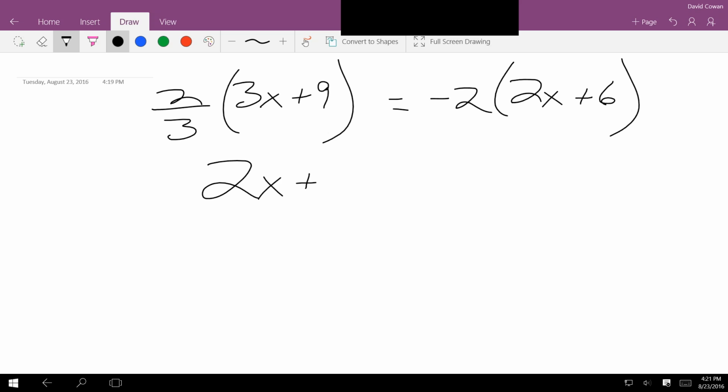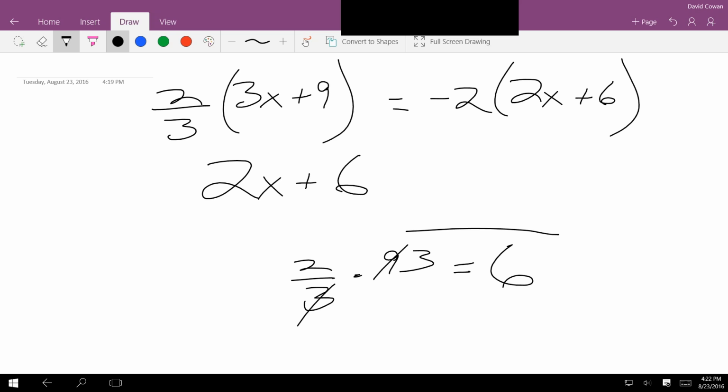What does that simplify to? 6. But notice there's a better way to do it. If I do 2/3 times 9, what if I divide top and bottom by 3? You get 6, and you never had to deal with a number greater than 9, right? In other words, I didn't have to deal with a number as big as 18.